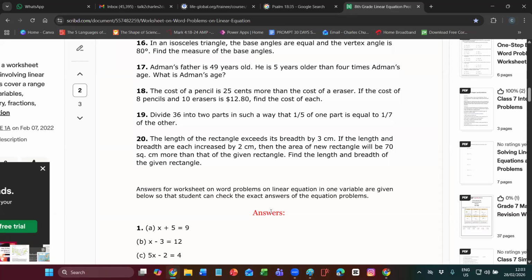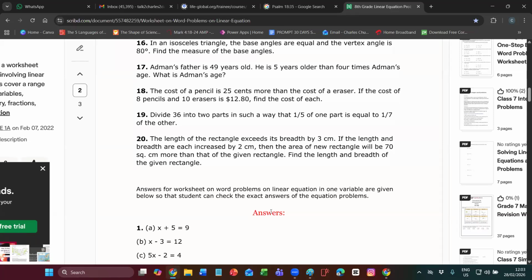So that would be 1/5 x equals 1/7 y. You want us to do it like that?